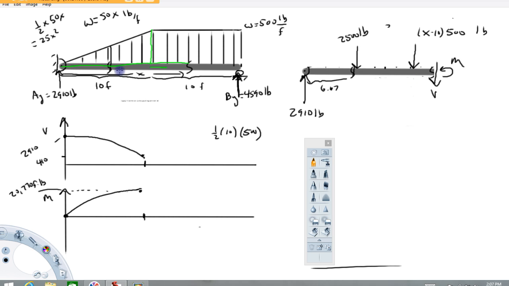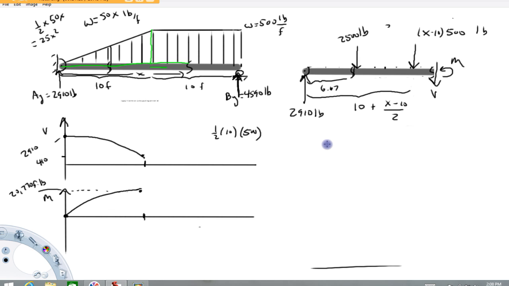Okay, that was from here to here 10 plus this distance, which is x minus 10 divided by 2. So that distance there is 10 plus x minus 10 divided by 2, the distance from here to where this force vector is applied.